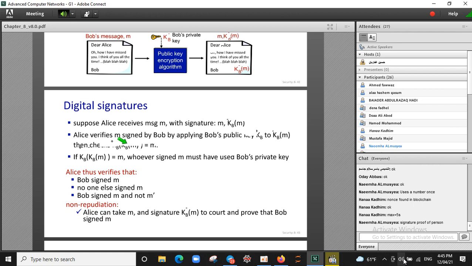If the bodies of those texts are similar, we can prove that Bob signed this message. But if they are not similar, something is wrong. This is not Bob. Why? Because after decryption, I can see that the result is not similar to the main text.